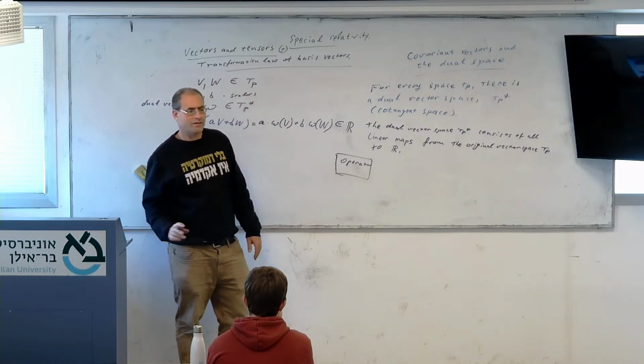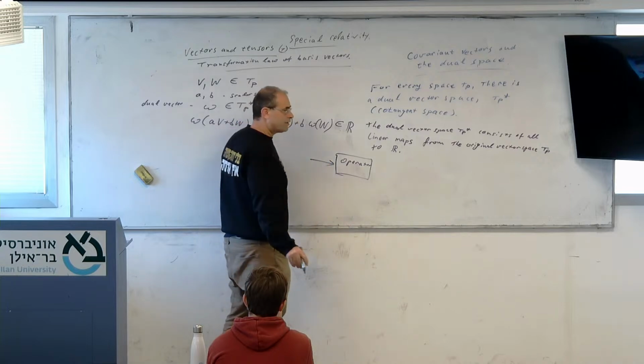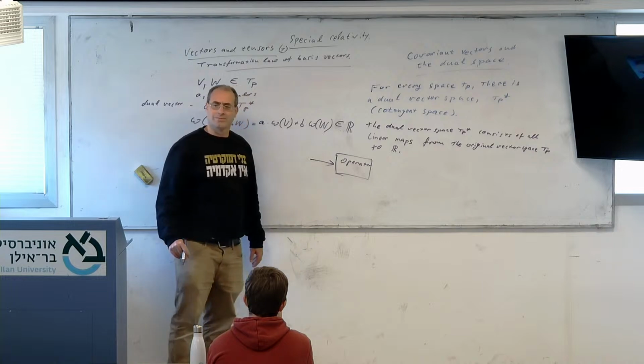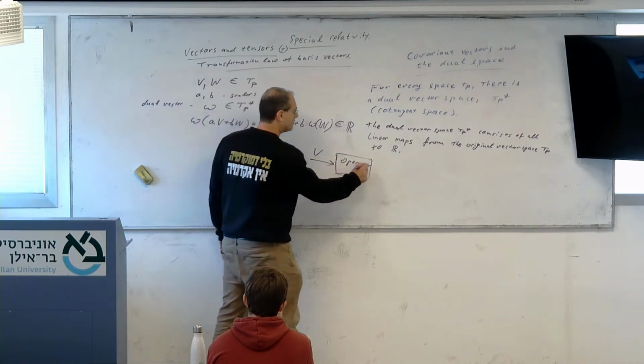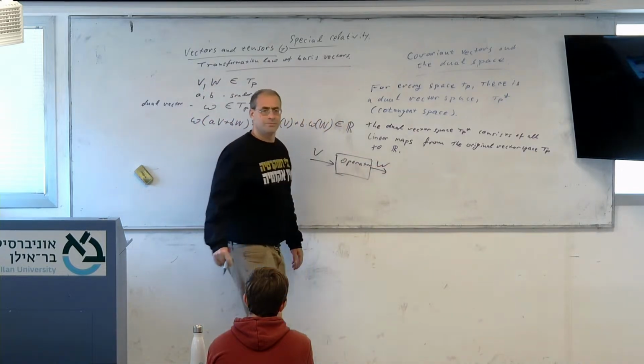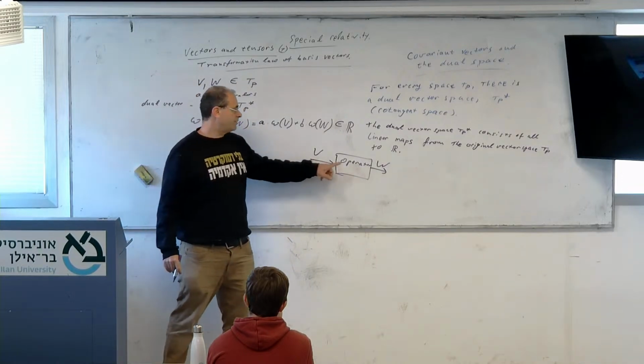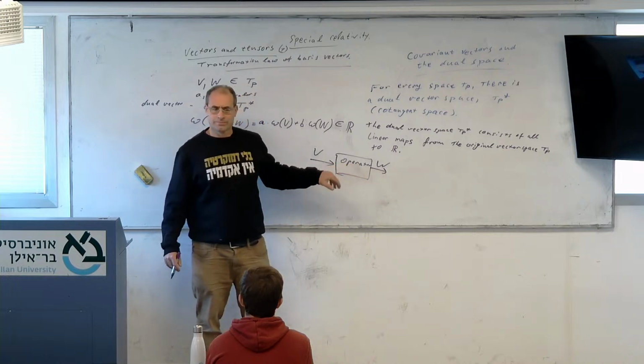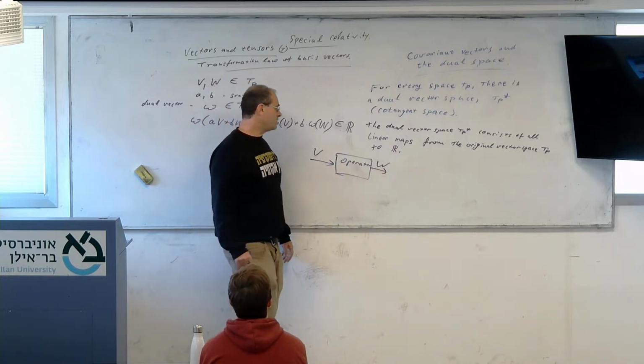It gives another vector. So an operator I can think of as a black box, a purple box: it gets a vector in and gives me another vector out. They don't have to live in the same world; this can be n-dimensional, this can be m-dimensional. Same way, it's a linear mapping.